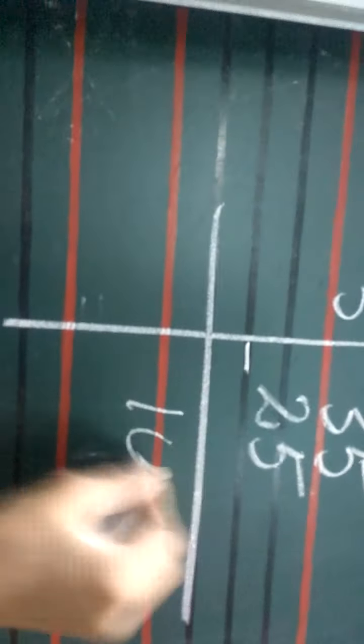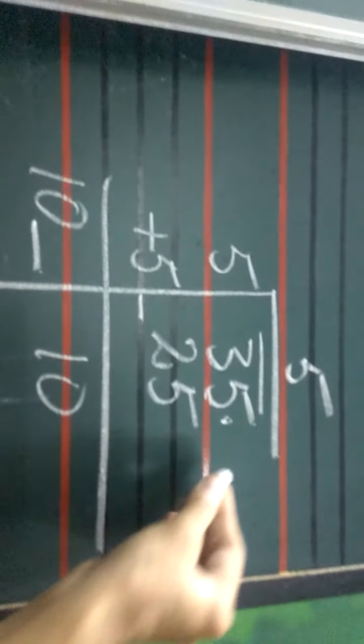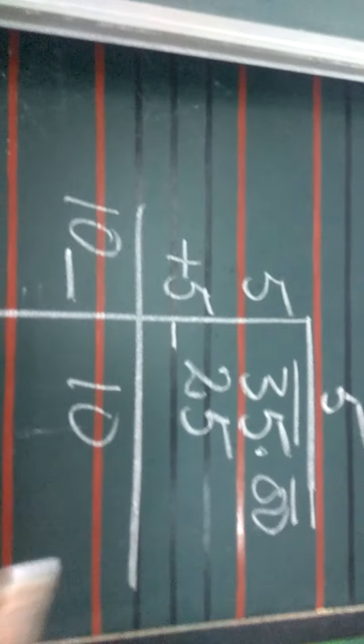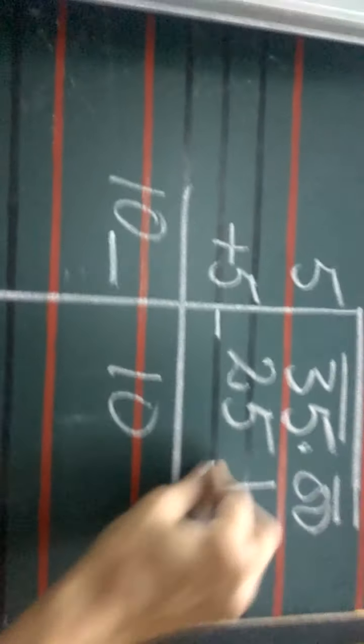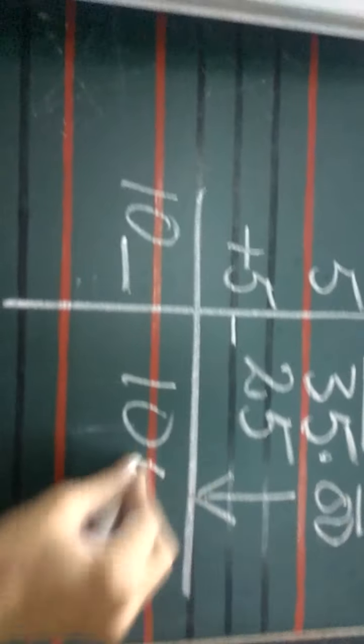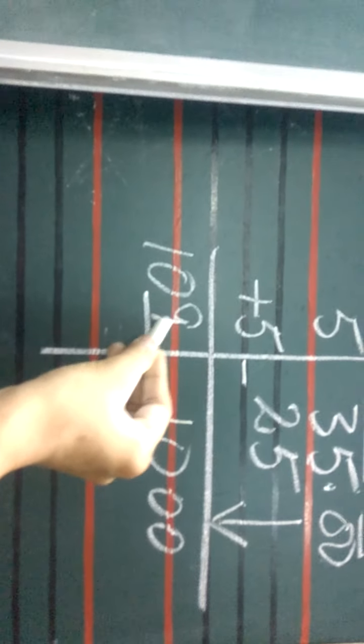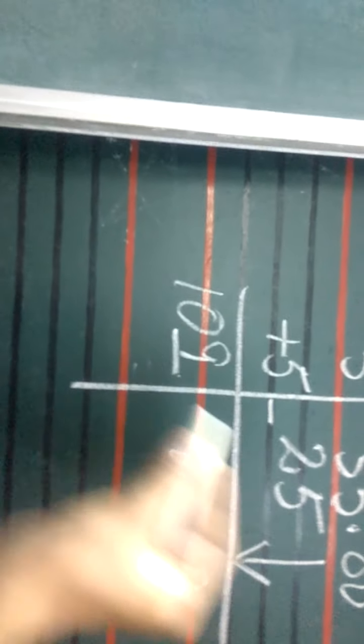Subtract, we get 10, and to get the next divisor add the same divisor, 5 plus 5, 10 and dash. Now no pair is left. Let us place the decimal and carry a pair of zeros. Now place the decimal here also. Carry the pair of zeros. It will become 1000. So now let us place 9. If we are placing 9, we have to multiply this by 9. So when we multiply 109 by 9, we get 981. So now the remainder is 19.